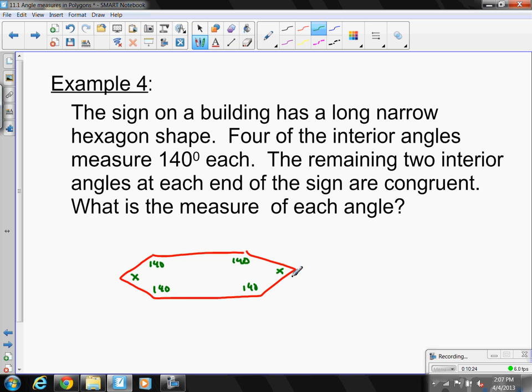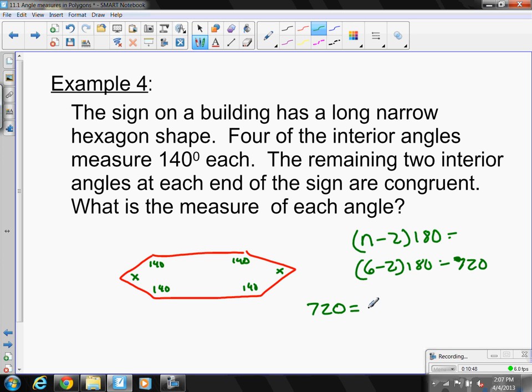Well, what's the total sum? So we can use that formula n minus 2 times 180 for the total sum. In this case, since it has 6 sides, we put 6 in for n, and we get 720. So now I can say 720 equals all these added up.